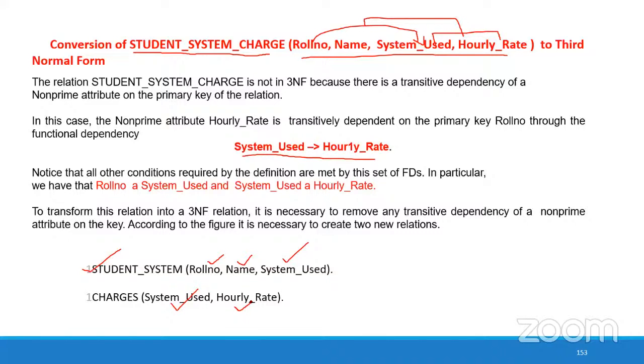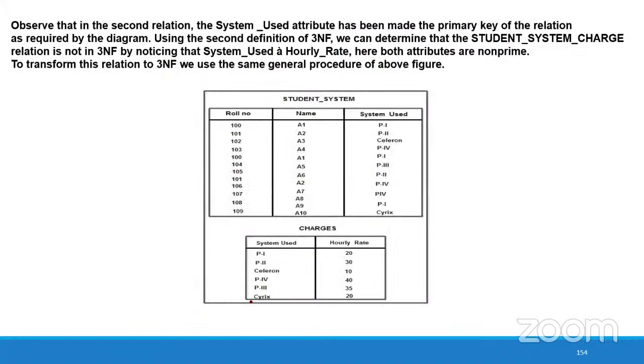These two relations are now in third normal form because there is no transitive dependency between attributes. So this is an example of how, when a relational schema is given, to convert it into third normal form. I divided it into two tables, student system and charges.